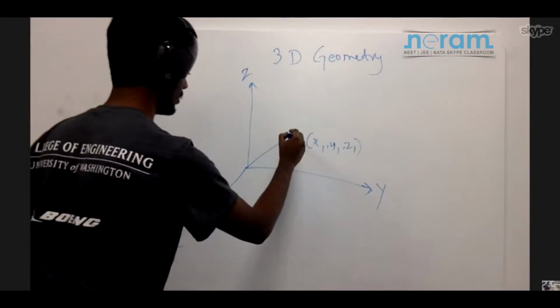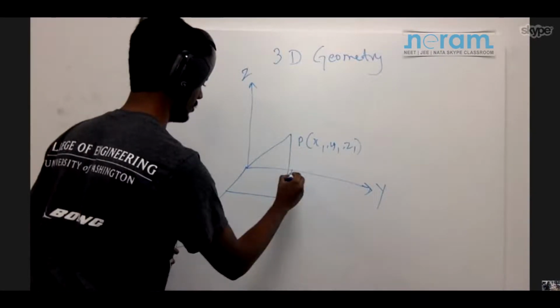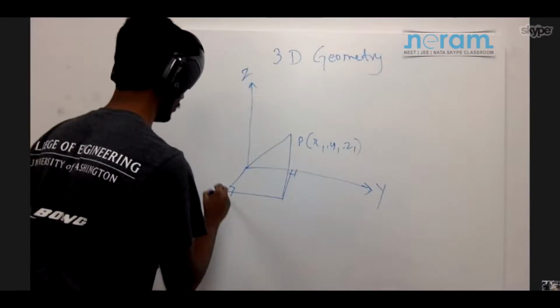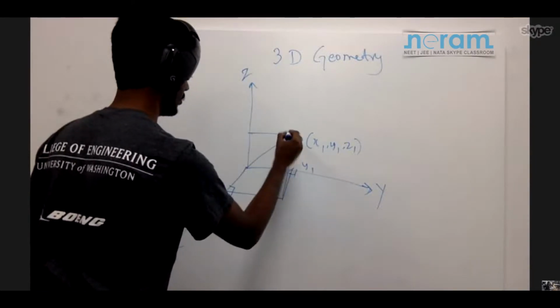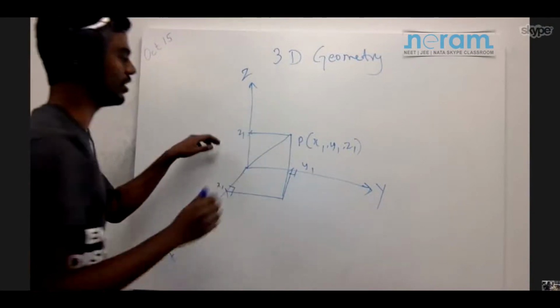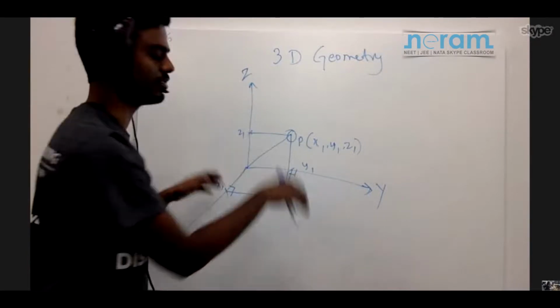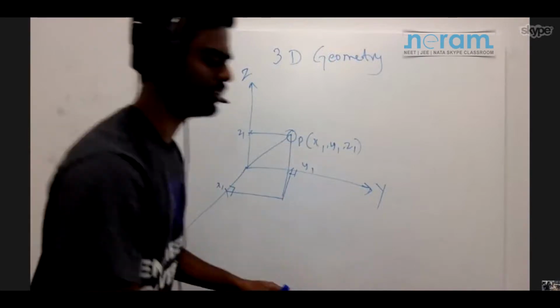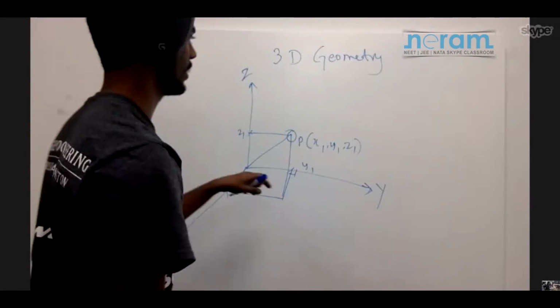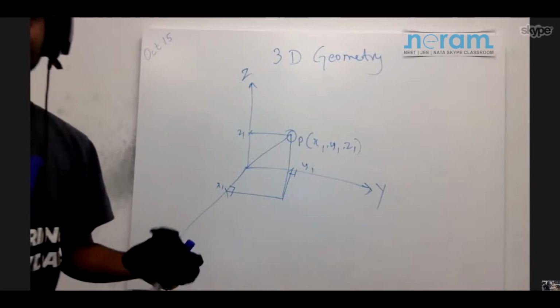XY plane intersect ஆகிற மாதிரி you'll draw a perpendicular line, and then you'll get point x1 and y1. Then if you find this you'll get z1. So basically, you represent a point as intercepts in each and every axis. So x-axis intercept is x1, y-axis intercept is y1, z-axis intercept is z1.